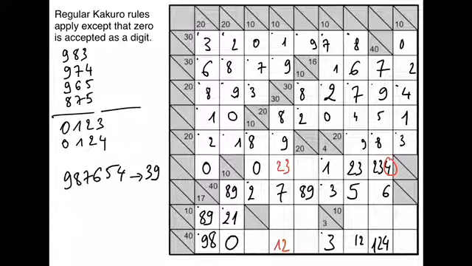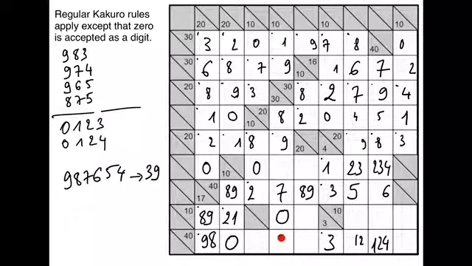And this would clash, so no. So this 30 sum must include a 0, not here, not here. 0 has to be there. And this 20 clue does not include a 0. And those 2 digits must add up to 6.